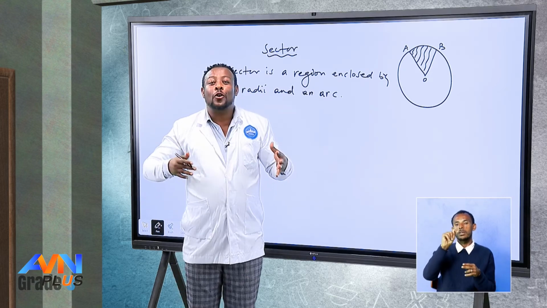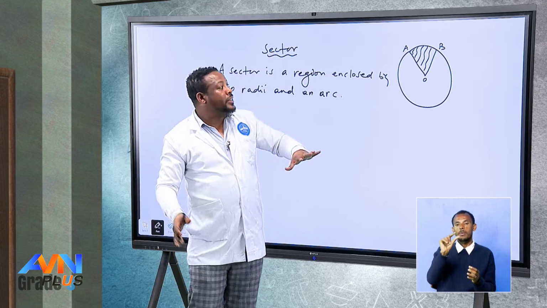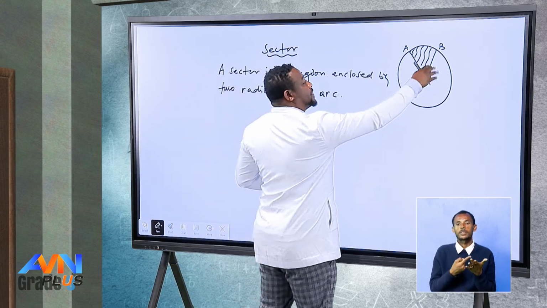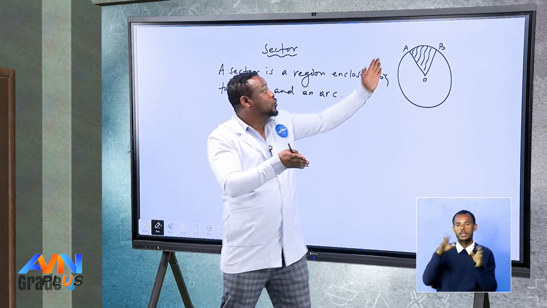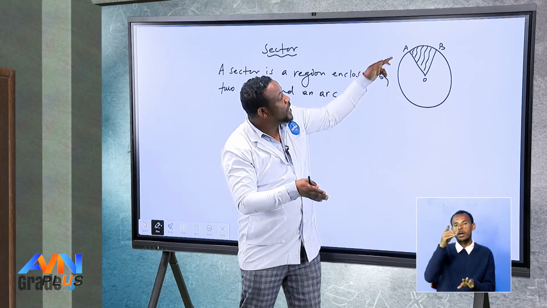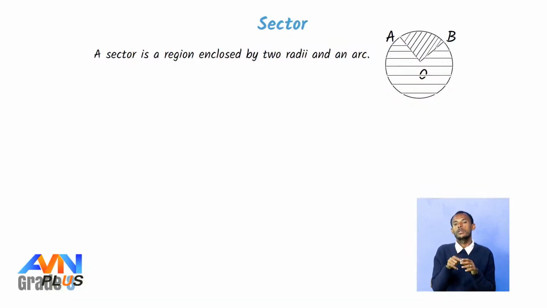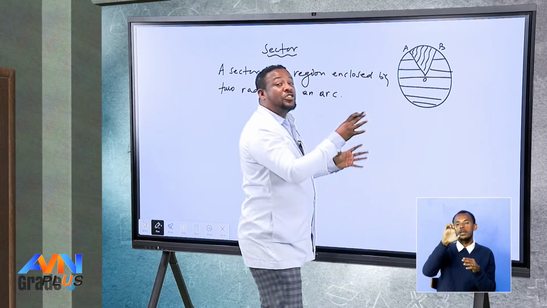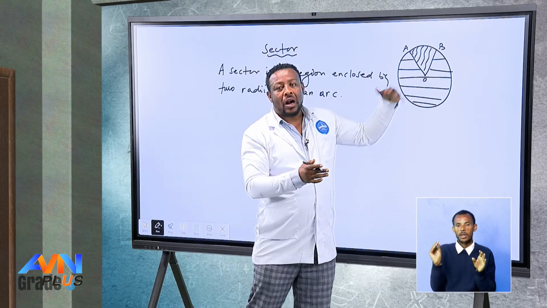Now we are going to classify a sector as major and minor, because this external part is also a region enclosed by two radii and a major arc, right? If you paint this other part, this region is also a sector, because it is enclosed by two radii and a major arc.